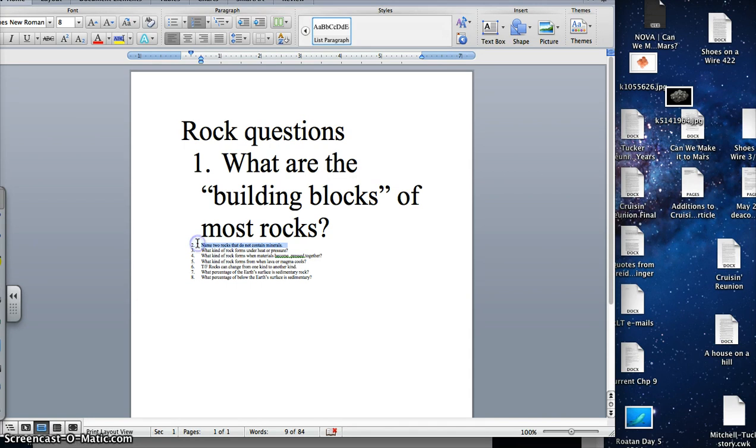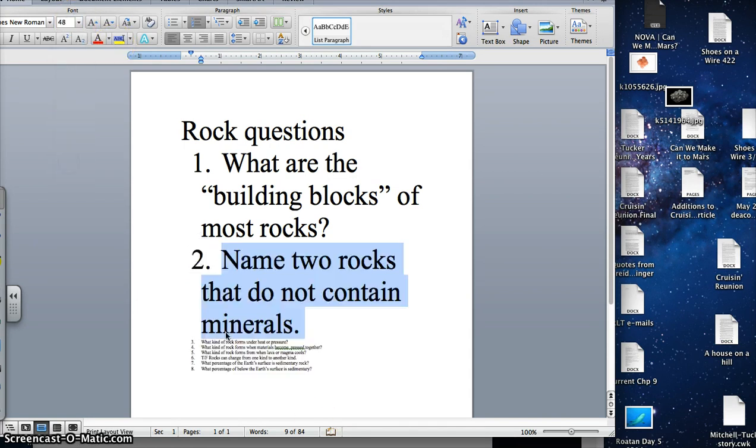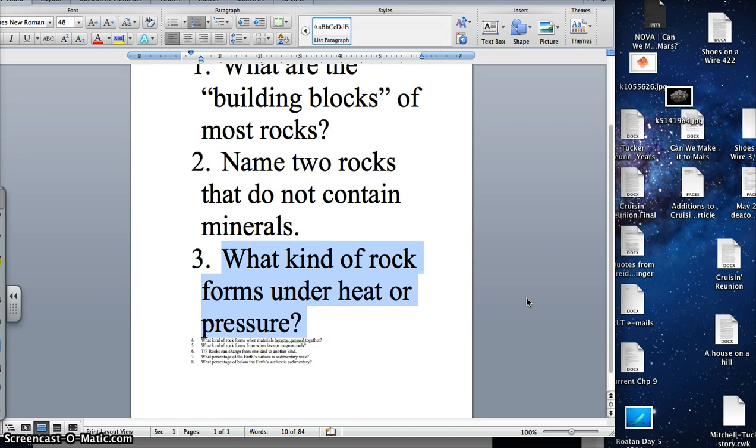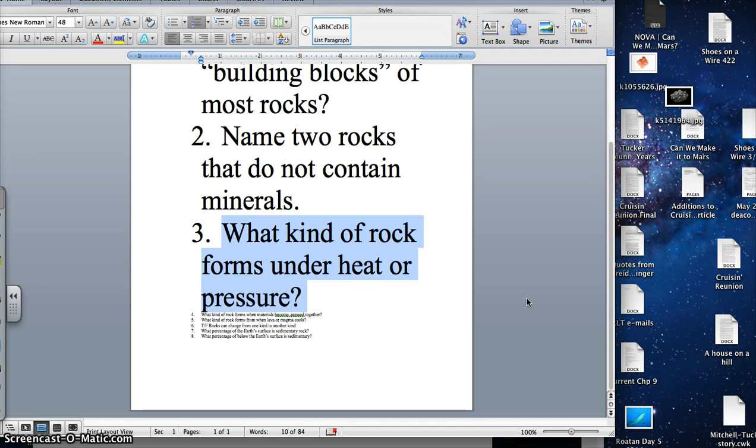And if you need to pause to answer that, you're welcome to. But I'll go ahead and go on to the second question. Number 2, name 2 rocks that do not contain minerals. Question number 3, what kind of rock forms under heat or pressure?